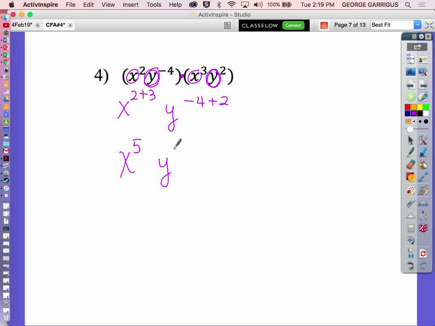Negative 4 plus 2 is negative 2. This was a correct answer, or you can move y to the negative 2 power, push it into the denominator, and make it a positive 2. So you end up with x to the 5th over y to the 2nd power, or y squared. Both answers earned a point, or either answer.